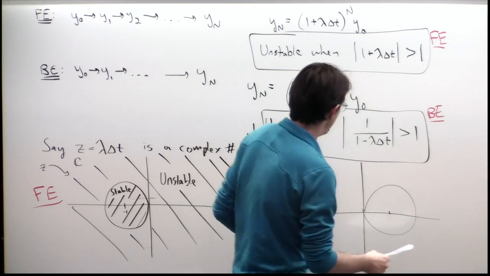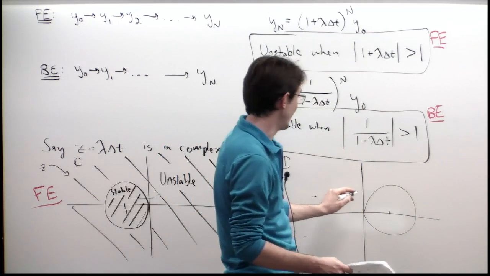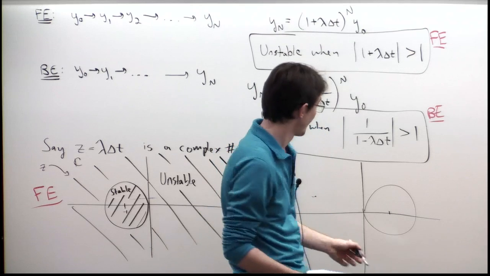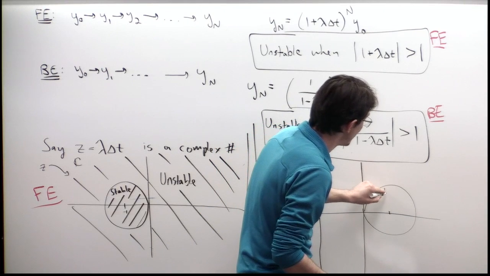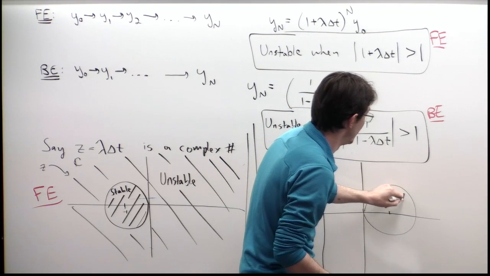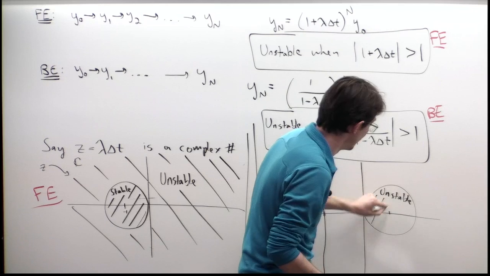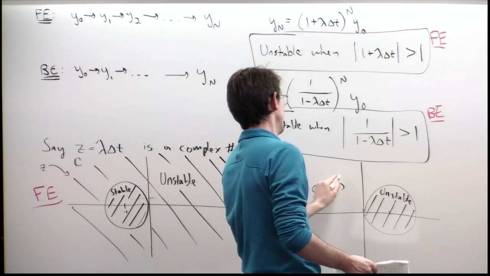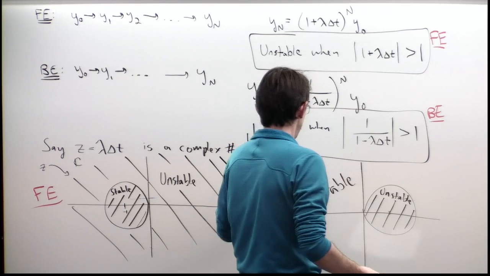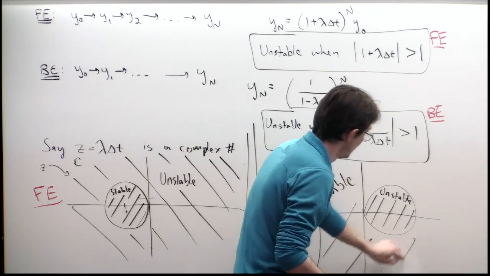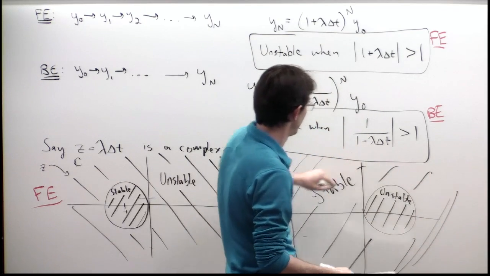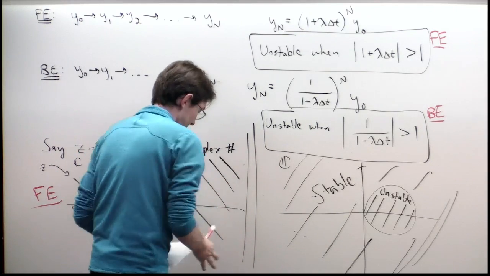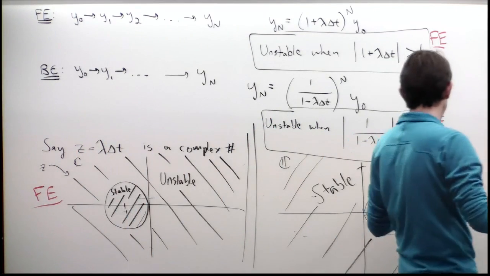But now what I find is that there's a circle surrounding +1, and this is the only region where anything is unstable. This is the unstable region, and everything else is stable. So this is the backward Euler case. Let's just label that.